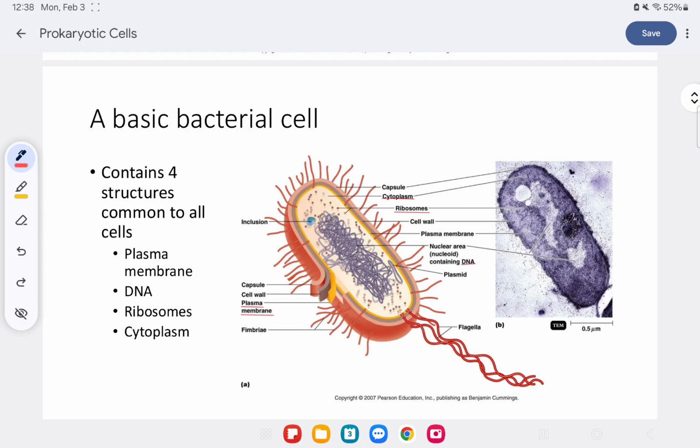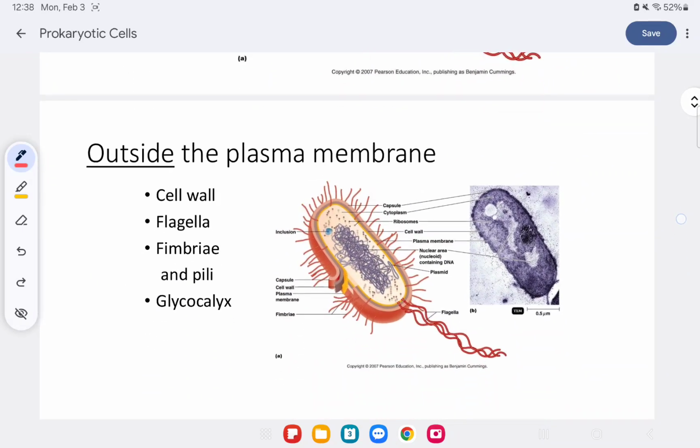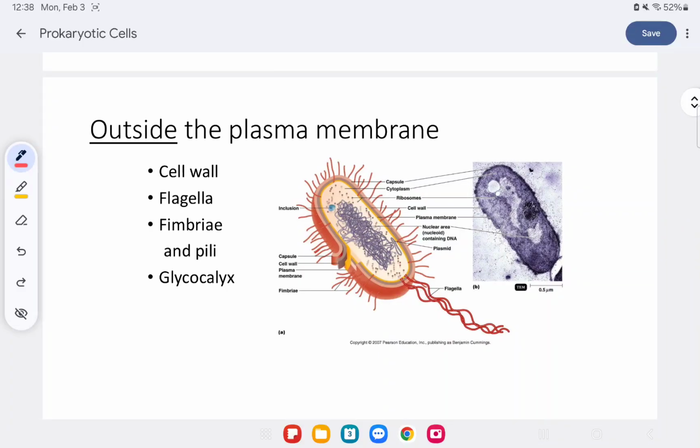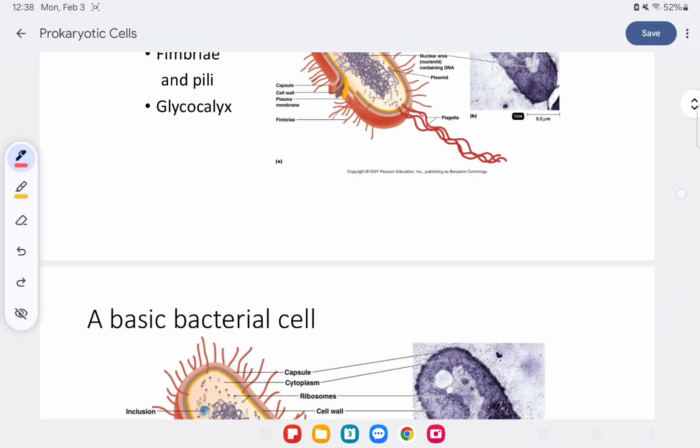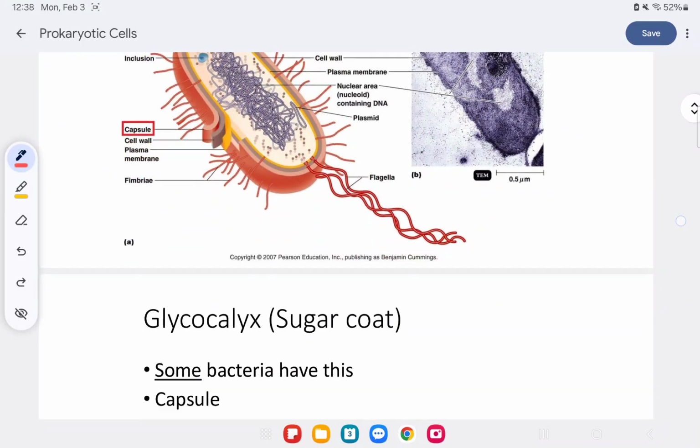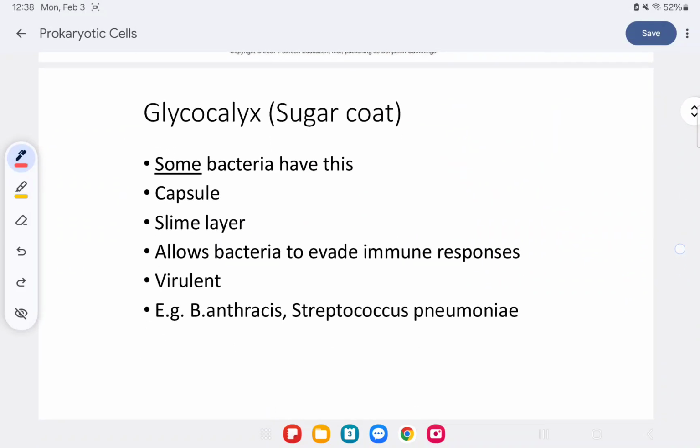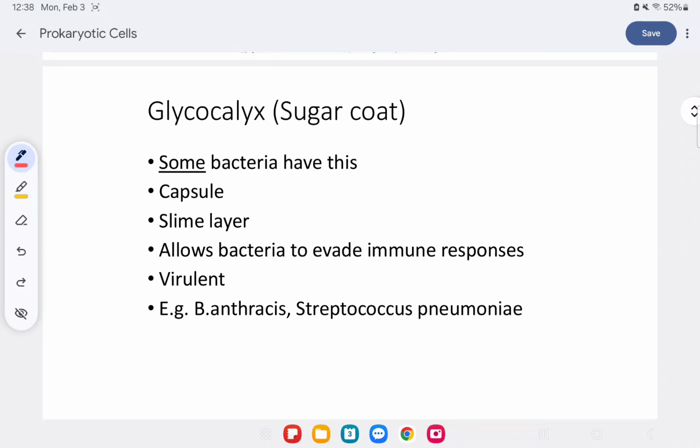Okay. And then working from the outside in, capsule. An encapsulated organism, we note that any organism that has one is virulent, and that it extends far beyond the cell itself, and it is composed of a polysaccharide, so it takes on a lot of water, much like a cracker would if you were to drop it in water and come back later.